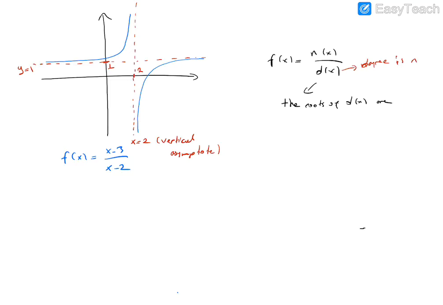So maybe there are n roots, maybe less than n roots, but let's denote them x1, x2, up to xn. So x equals x1, x equals x2, x equals xn are the lines which are candidates for being a vertical asymptote, but they do not have to be vertical asymptotes, they are only candidates.